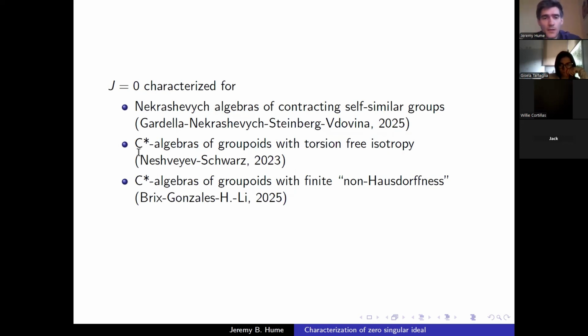C-star algebras of groupoids with torsion-free isotropy have a nice characterization of when the singular ideal vanishes, and this was done by Neshveyev and Schwartz.